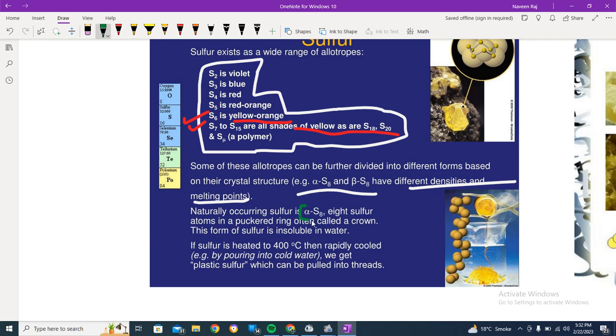This is an MCQ-based question that they might ask: which is the natural sulfur form? That is the alpha form, with 8 sulfur atoms in a crown arrangement. Let me see if I can find a picture of it.